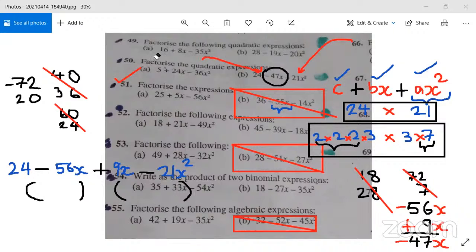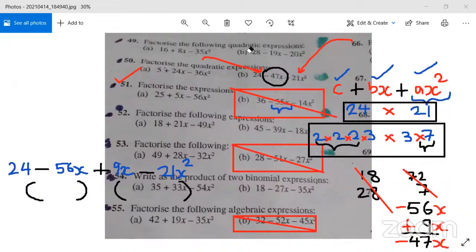Let me try to put a little more uniformity to it. So we'll have our bracket here. Okay, 24 and 56. Now they look like multiples of 4, but you know what? Let's not leave anything to chance. So we have 24, and we have 56.